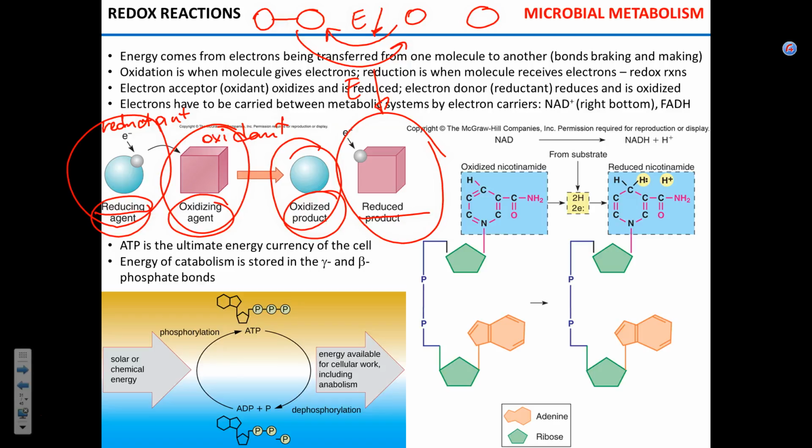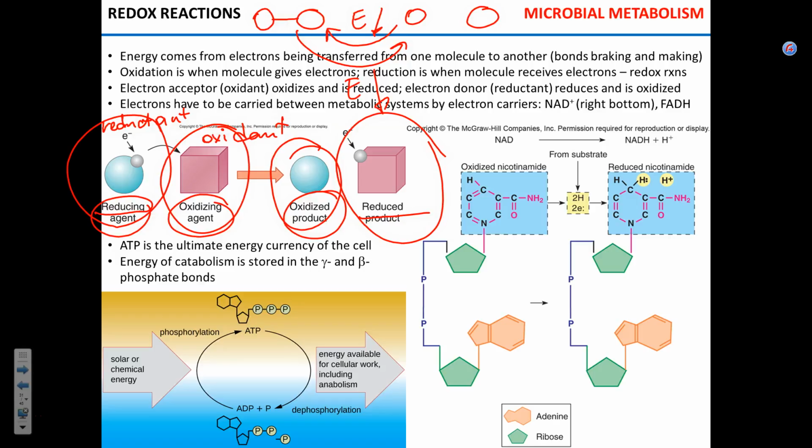Look at this from the standpoint of the cell as a space. A cell is pretty big on the atomic level. It's huge, actually. If one molecule loses electrons in this corner of the cell, electrons can't just go by themselves to another corner. If electrons are lost by glucose in the cytoplasm, they cannot go to mitochondria by themselves. They have to be carried, like in a taxi.